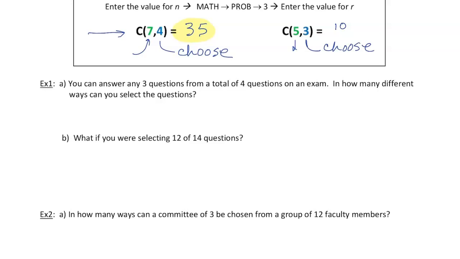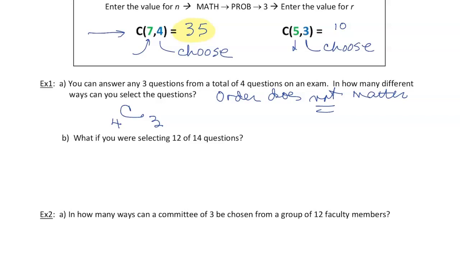You can answer any 3 questions from a total of 4 questions on a test or an exam. In how many different ways can you select the questions? Order does not matter in that situation. So hopefully you understand that. So I have 4, and I'm going to choose 3.